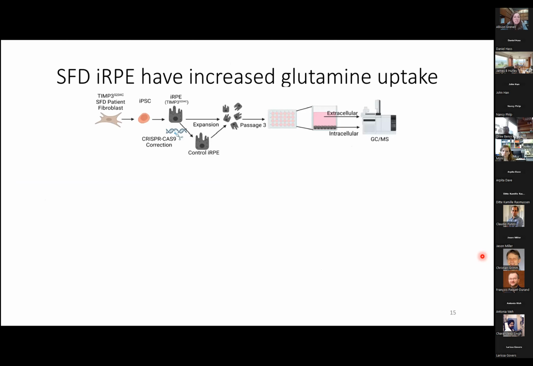But ARPE19 cells are not the best model to study metabolism, especially since they originate from cancer cells. So I wanted to move over to a more physiologically relevant model. So with the help of Dr. Ruchira Singh, I was able to obtain SFD iPSC cells.